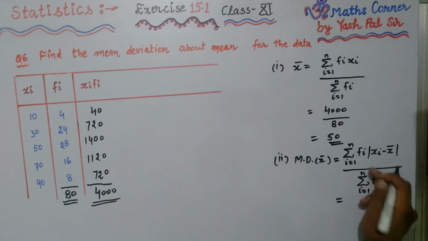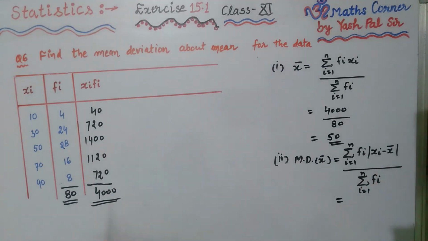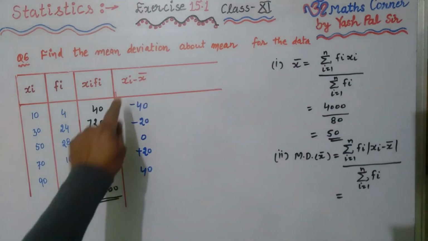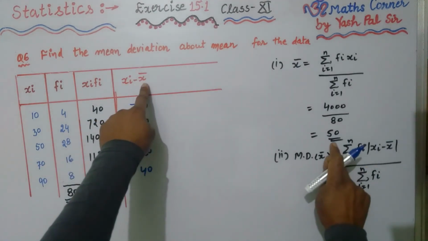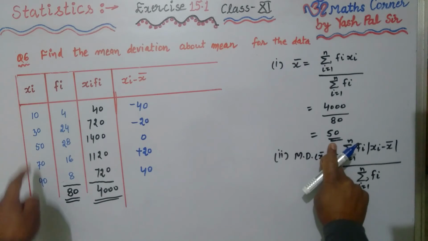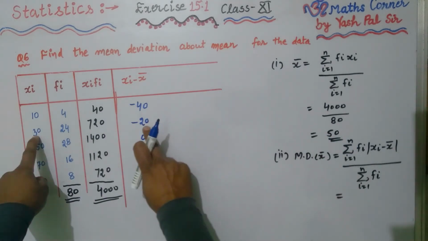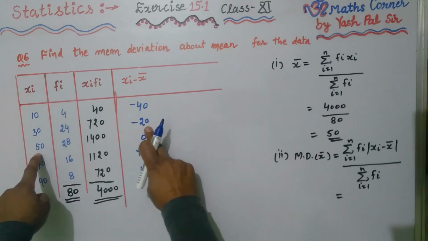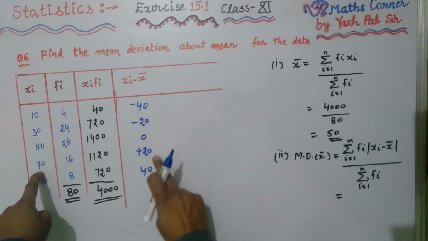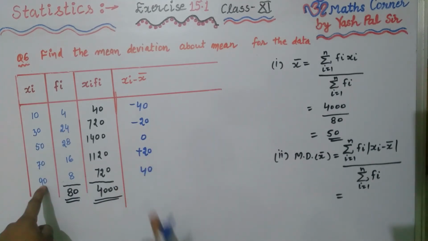So we write first of all xi minus x bar. X bar is 50, xi are these terms. 10 minus 50 equal to minus 40, 30 minus 50 equal to minus 20, 50 minus 50 is 0, 70 minus 50 equal to 20, 90 minus 50 is equal to 40.